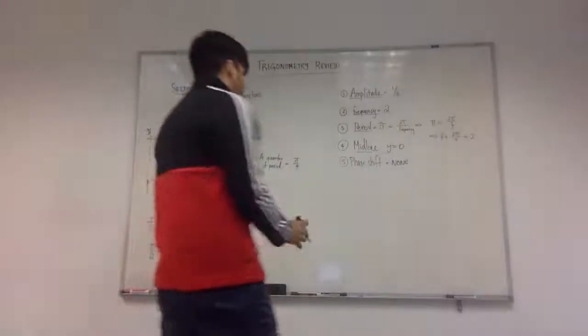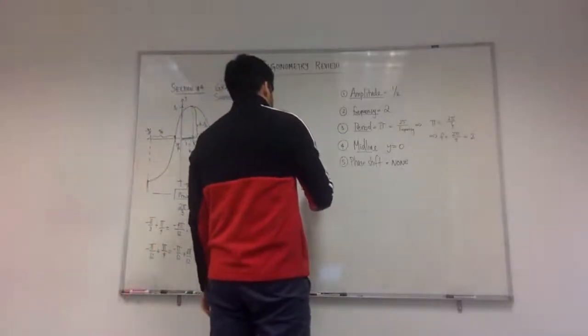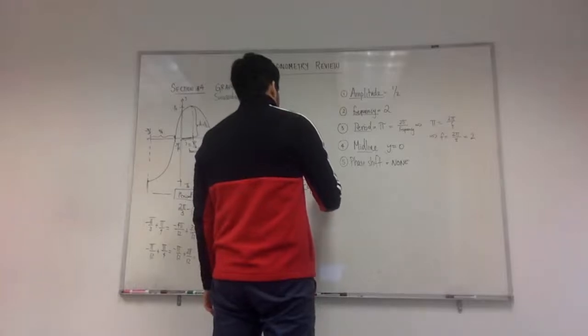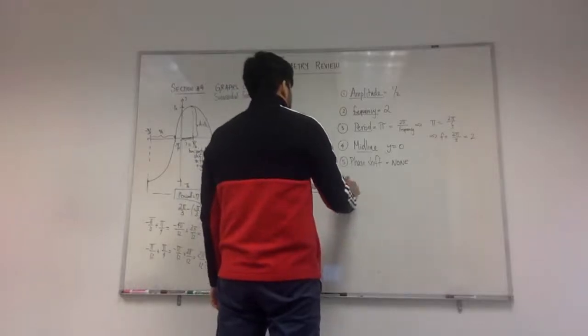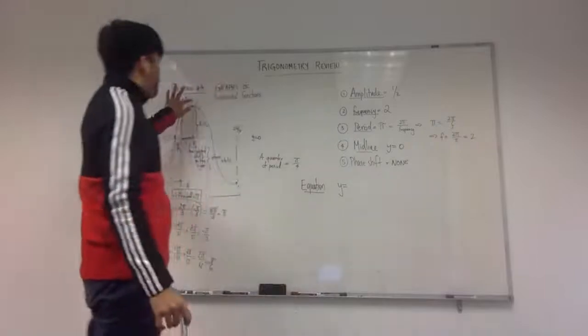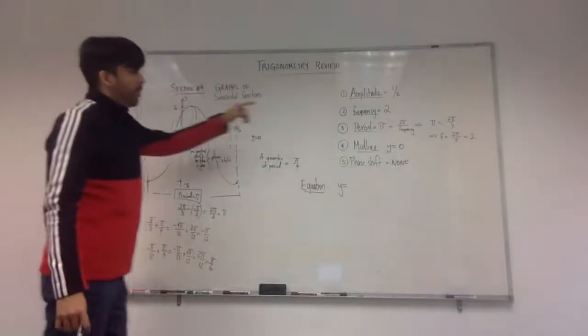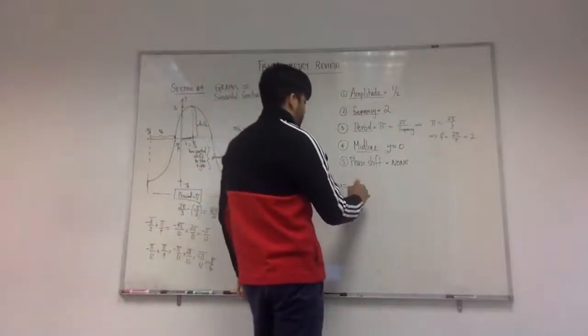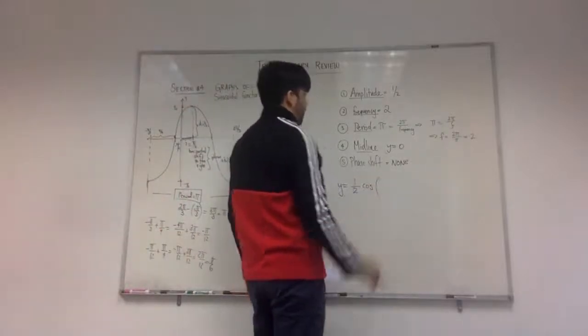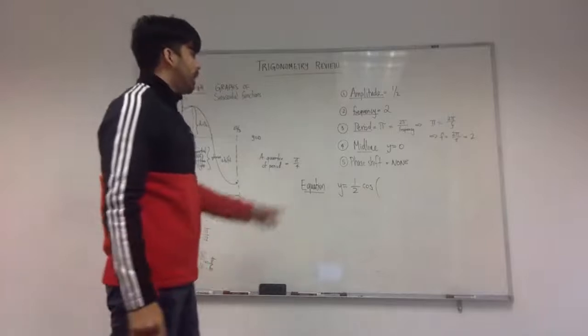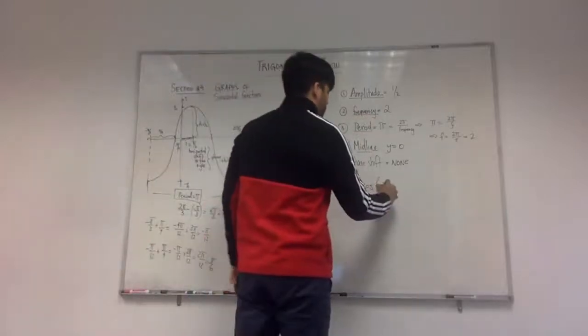So if I put this all together, what's the equation? The equation is y equals, remember my positive cosine curve starts at a maximum. My amplitude is 1/2 cosine. My frequency, what's my frequency? My frequency is 2.